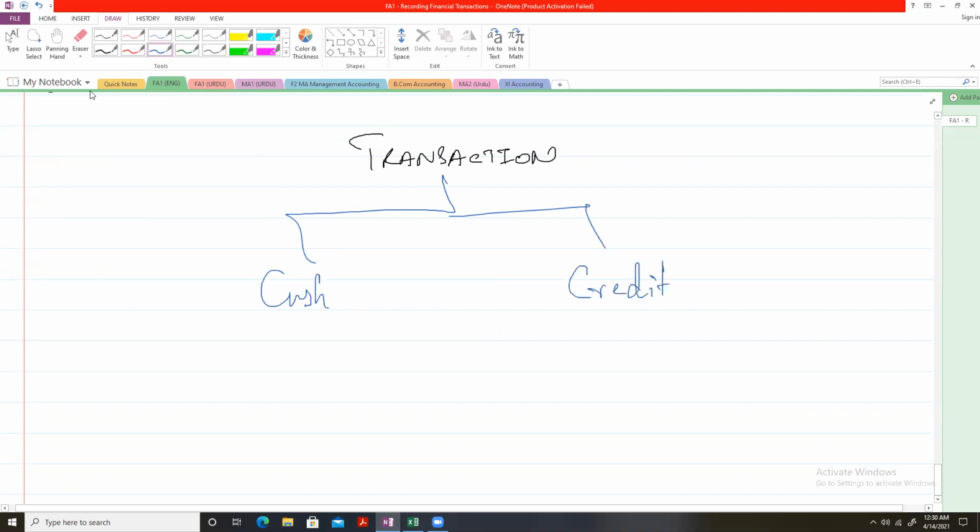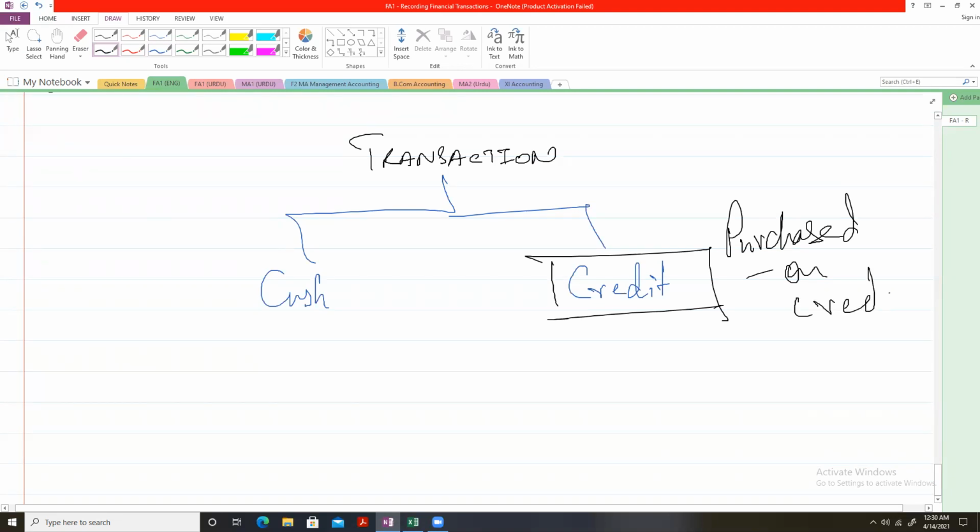So whenever there is a credit transaction, or let's suppose we purchase something on credit, what will happen? We will be obliged, we will be bound to make a payment in future. When we purchase something on credit, there is a credit purchase.